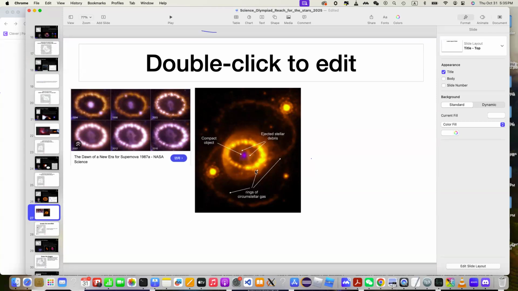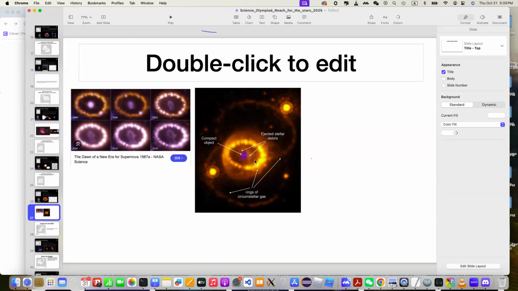Okay, so on the right, this is the whole image of this object. The ring is just the central part, and there are some outer parts over here. You can also see more signatures of the interactions outside. That is why it is called the cat eye nebula.